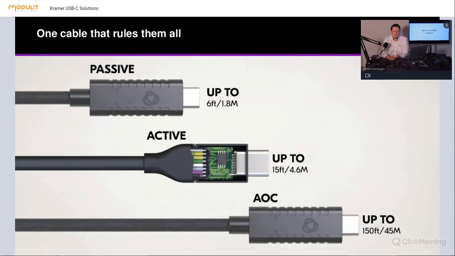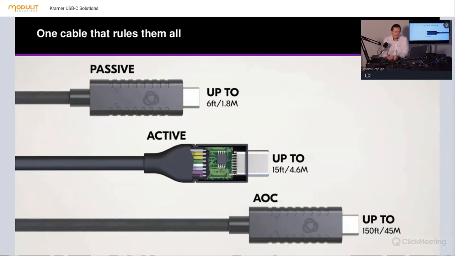So you can use it in those cases when you need to send the signals from your USB camera to a long distance, and it's pretty convenient to use, but not all of those cables support as much charging power as you can expect from them.